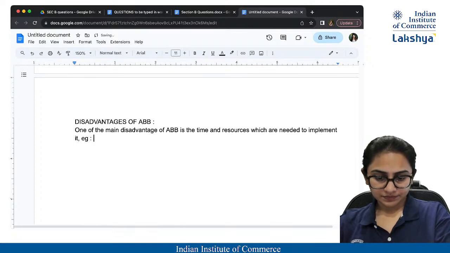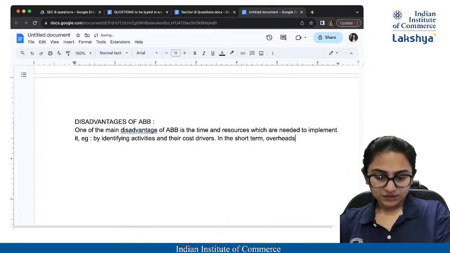For example, by identifying activities and their cost drivers, in the short term, overheads may not be controllable, which will reduce the benefits of implementing ABB.